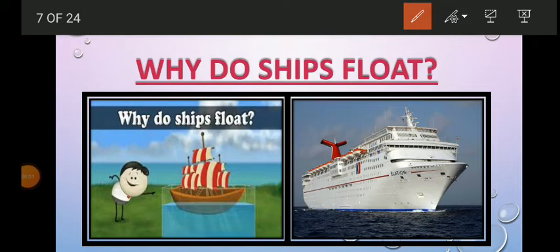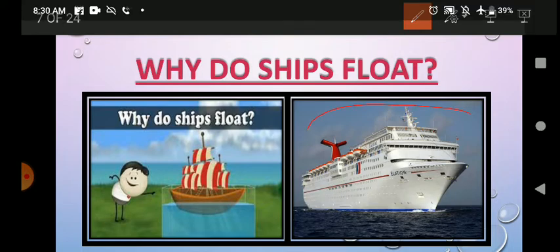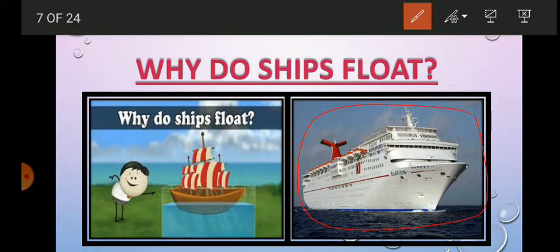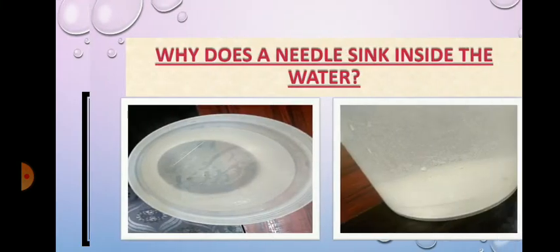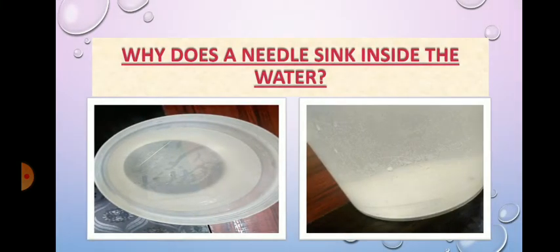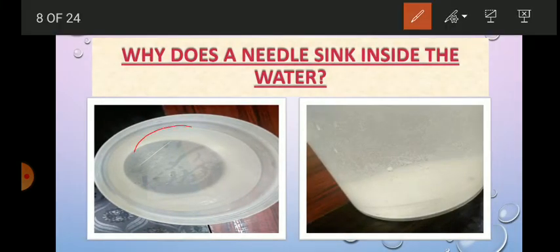So this poem creates a type of confusion: why do such big ships float on the water? Why do ships float but a very small needle sinks inside the water?